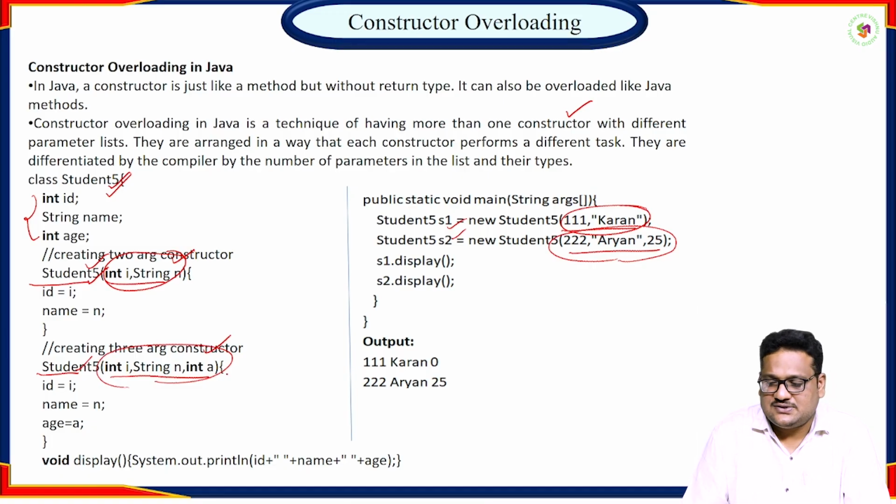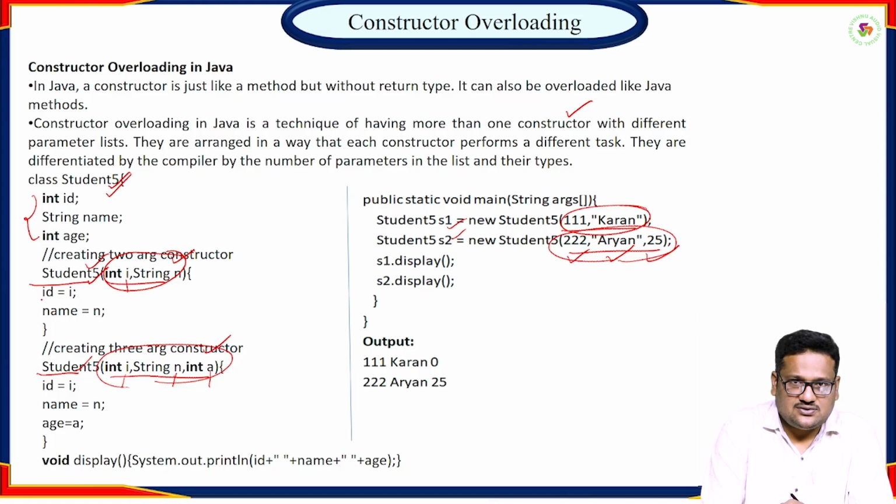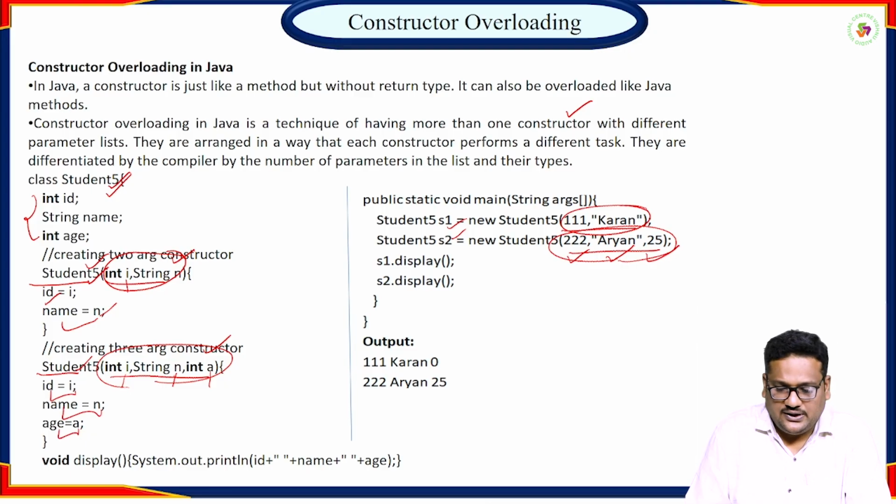If you observe the types, this is integer, this is string, again this is integer. So the first, 222, will be stored in I, the Rn will be stored in n, the 25 will be stored in a. Whereas here the 111 is stored in I, the current is a string which will be stored in n. Here the I will be assigned to id, n will be assigned to name, and a will be assigned to age.